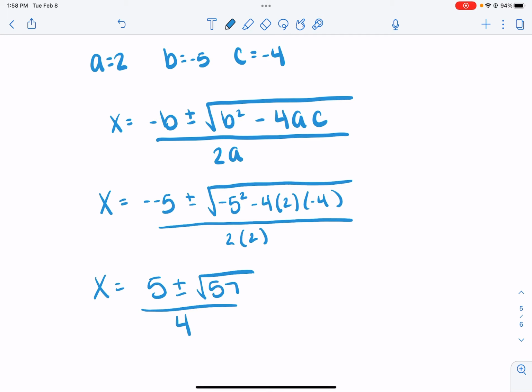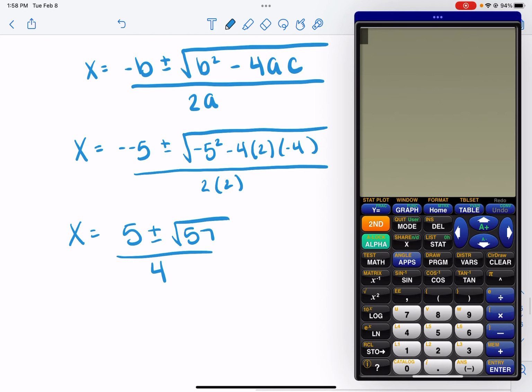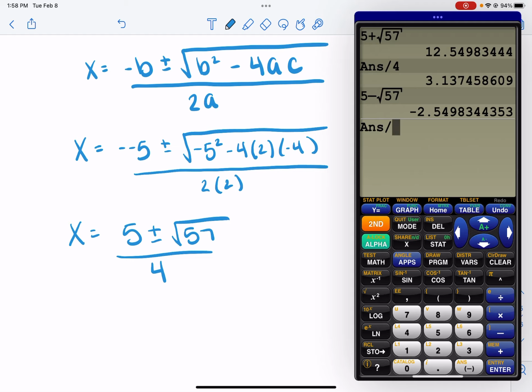Okay. When you type that in a calculator, right, we've got 5 plus the square root of 57 divided by 4. Sorry, I didn't type that in right. 5 plus the square root of 57 divided by 4. Okay. And we also have 5 minus the square root of 57 divided by 4.